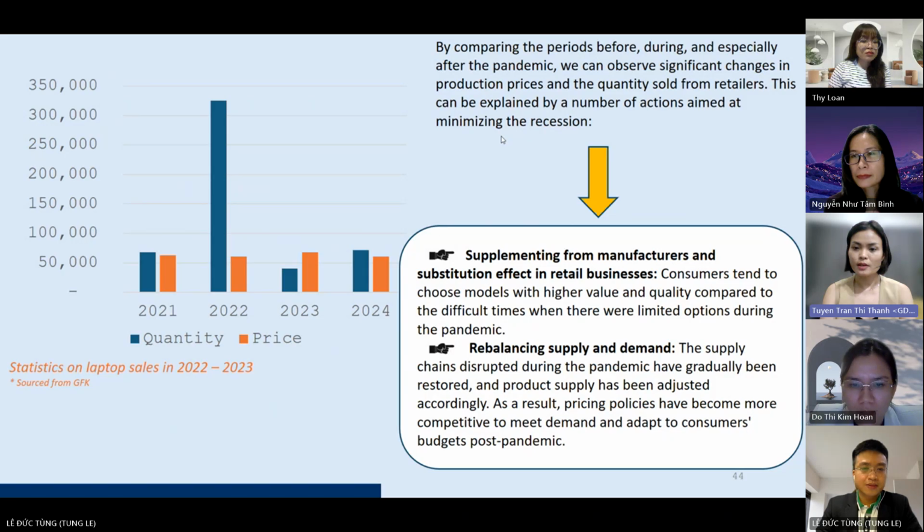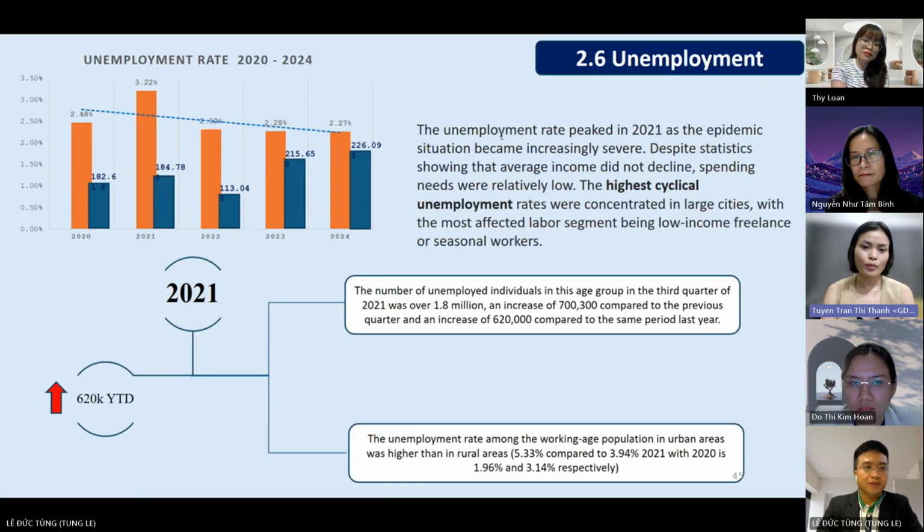The supply chains disrupted during the pandemic have gradually been restored, and product supplies have been adjusted accordingly. As a result, pricing policies have become more competitive to meet the demand and adapt to consumer budgets post pandemic.